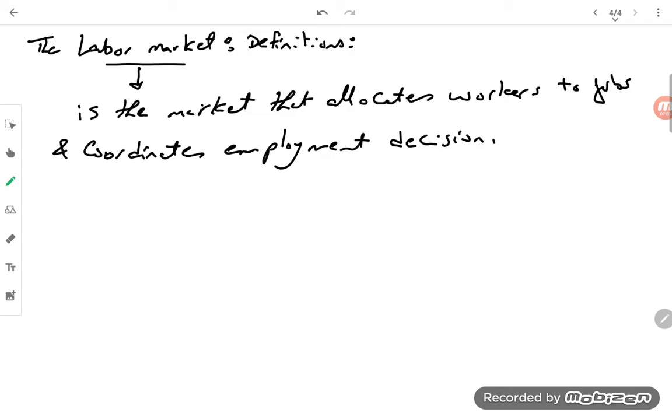So labor market is the market that connects producers with job seekers.